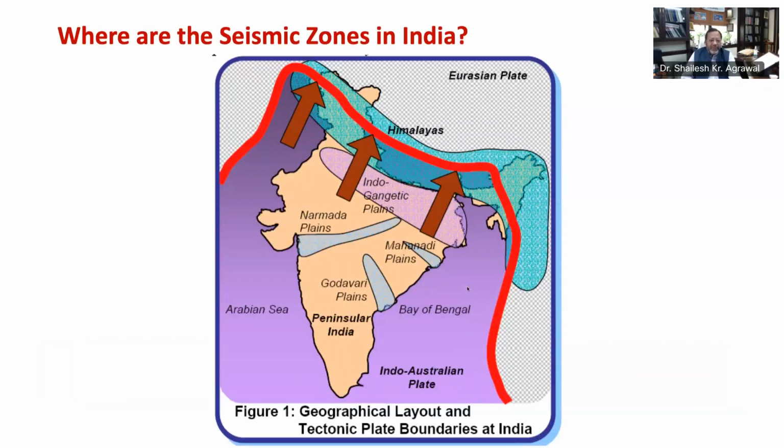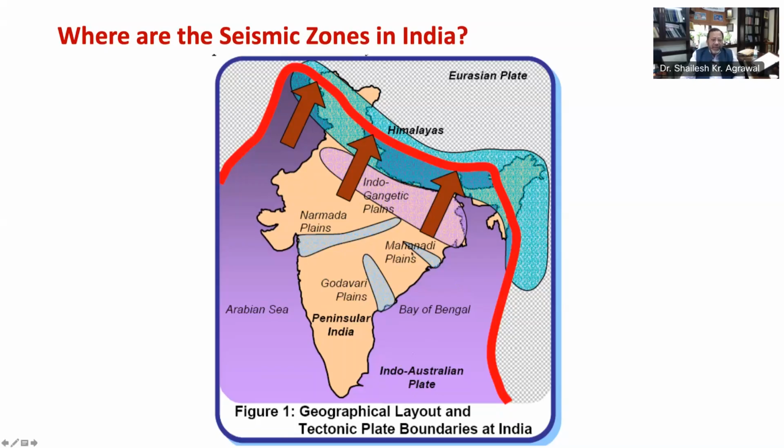Look at this figure, which shows geographical layout of our country and tectonic plate boundaries of India. As you can see from this, India lies in the northwestern end of Indo-Australian plate. This plate is colliding against the Eurasian plate. In fact, this Indo-Australian plate is going under the Eurasian plate, and this gives rise to earthquakes in our country.